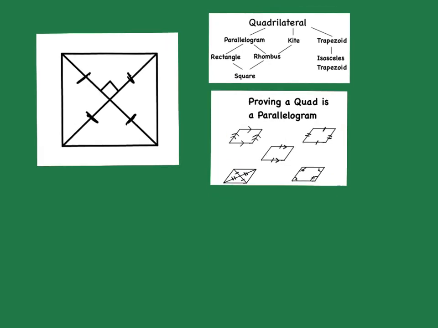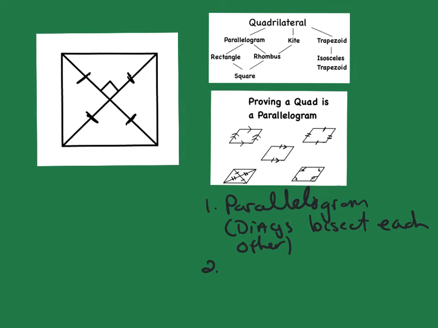Okay, in this example, we can see that once again we have a quadrilateral, and we can show it's a parallelogram by the method that the diagonals bisect each other. Now, but can we go any further? I mean, what else can we tell? Well, we know that it must also be a rectangle. It's a rectangle because not only do the diagonals bisect each other, but all the parts are congruent.